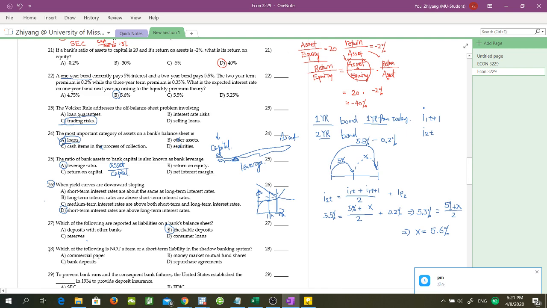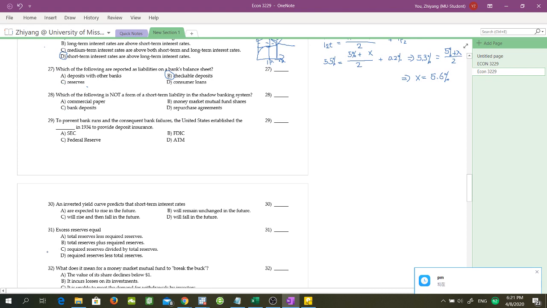Question 28. Which of the following is not a form of short-term liability in the shadow banking system? The shadow banking system is anything that takes people's money away for investment. But if they are receiving bank deposits, they are not shadow banking.